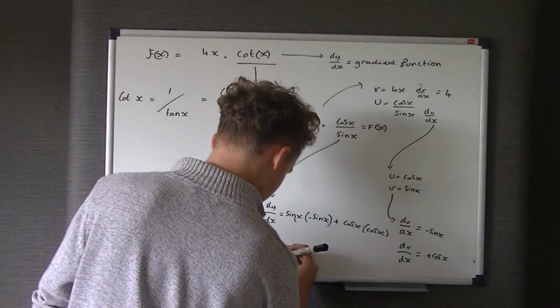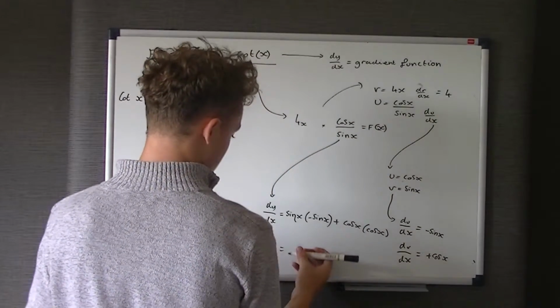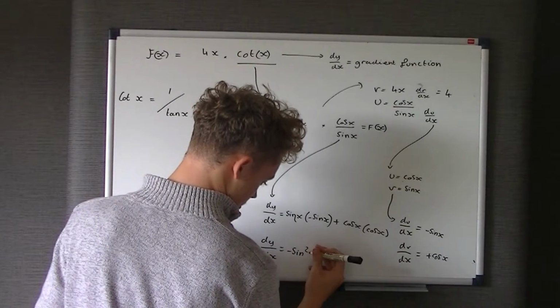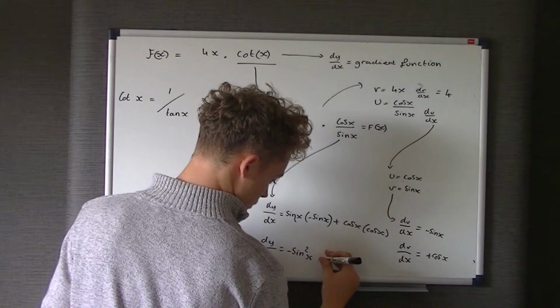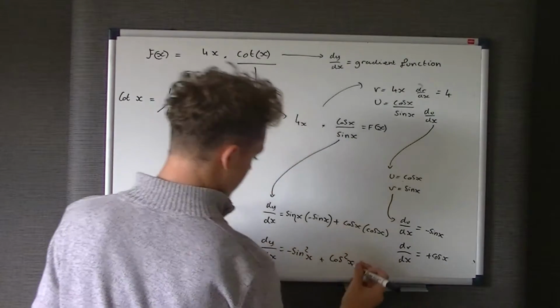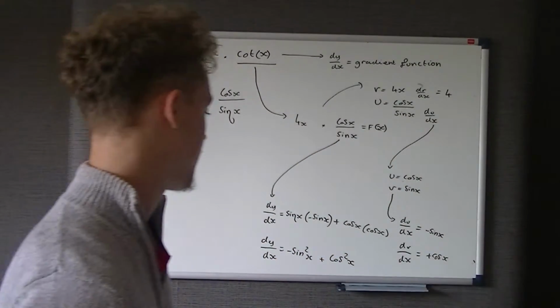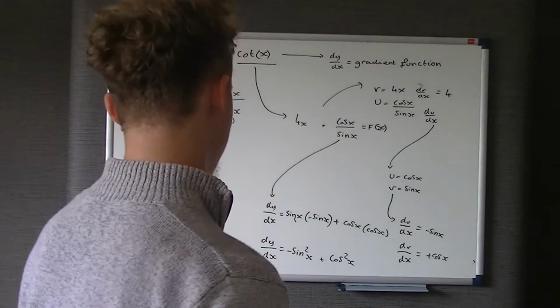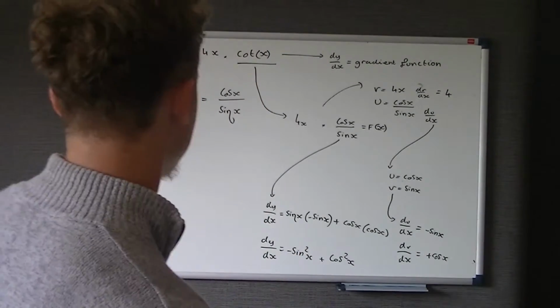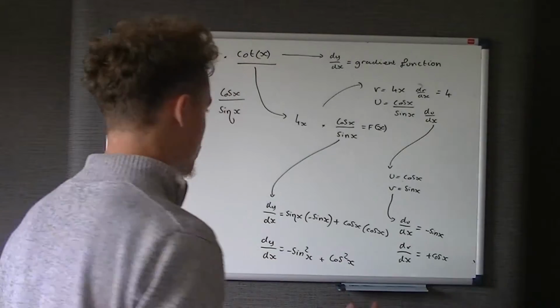So dy by dx equals minus sine squared x plus cos squared x. So the differential of cos x over sin x is minus sine squared x plus cos squared x, and we've just used the quotient rule for that. Hopefully that makes some kind of logical sense.